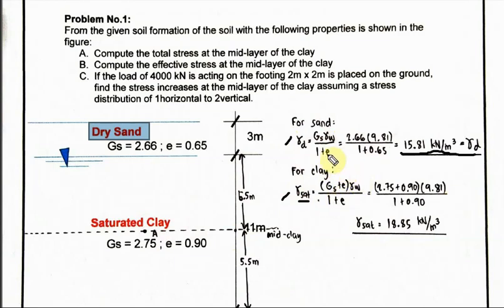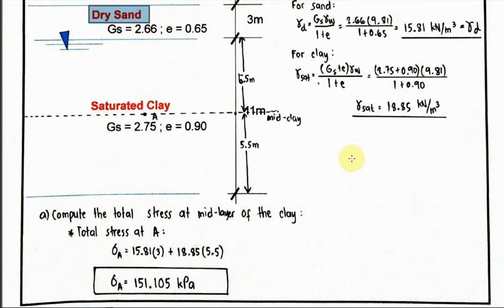While on the other hand, for the saturated unit weight, the e is in the numerator and also in the denominator. So Gs plus e times the unit weight of water over 1 plus e. Just remember that only the e differs between them. So we get 18.85 as our value for the saturated unit weight.